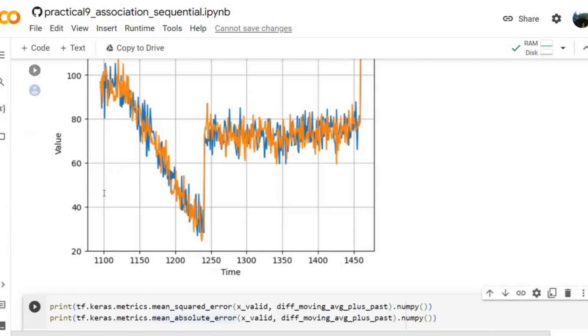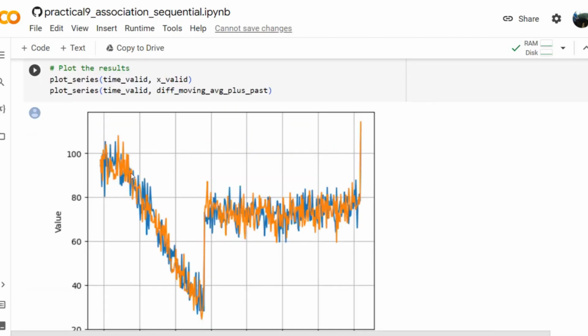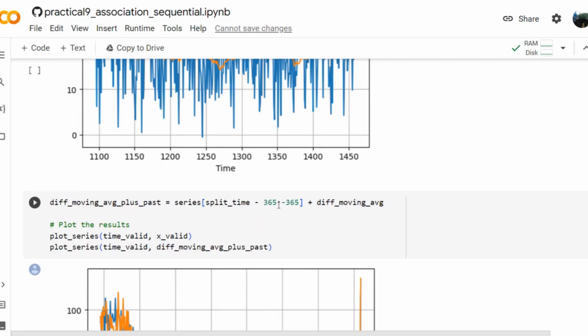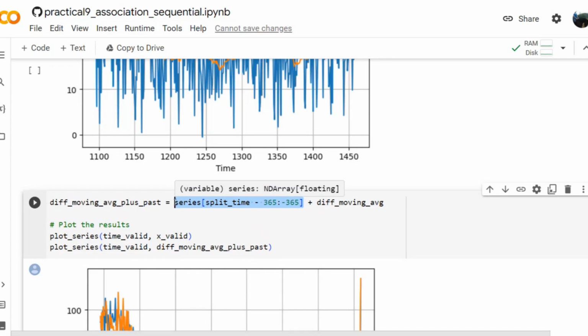Because when we added back the original data, we added the noise as well, right? We added the noise back into the forecasted value. So what to do in this case? Instead of taking the original value straight away, we apply a moving average on the original data. Why?